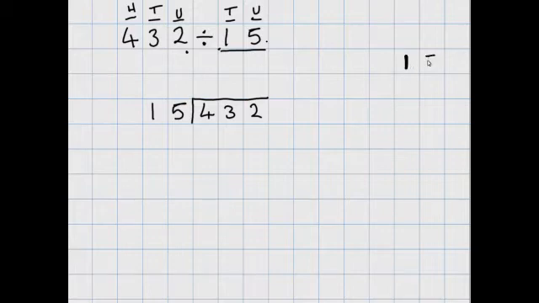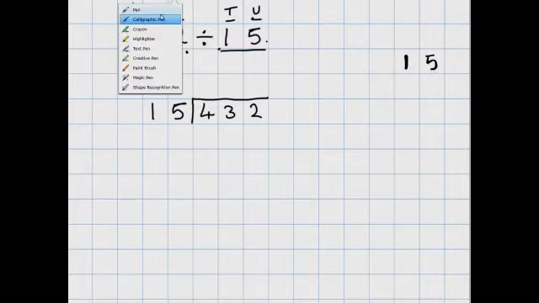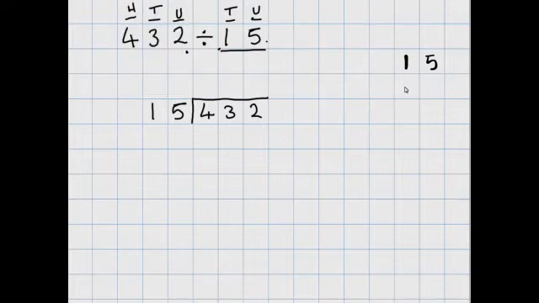So I'm just going to write down, okay, we've swapped to calligraphic pen, fantastic. 15, 2 15s are 30, 3 15s are 45, 4 15s are 60, 5 15s are 75, of course they are, because that's half of 150, 6 15s are 90, and that's probably as far as I need to go for the time being. You don't need to do the whole times table, just do the first 5 or something, and then you might need to add to it later.